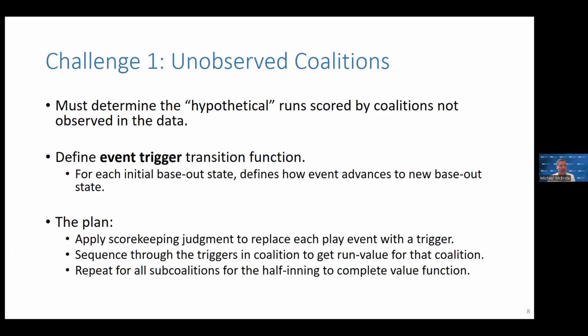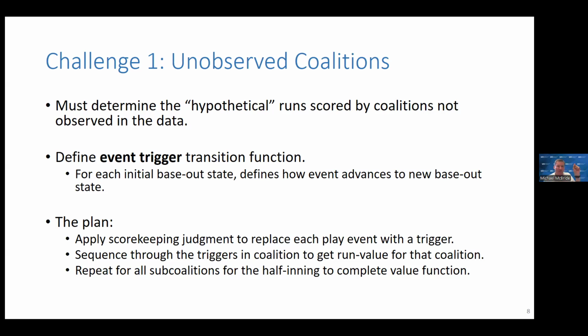I have a table on the next screen to show you. I'm going to replace each play, not by the play event, but by something I call a trigger, which is going to be a transition function, which is going to tell you how the state of the game when that event happens is going to be changed for any possible state that the game may find itself in.